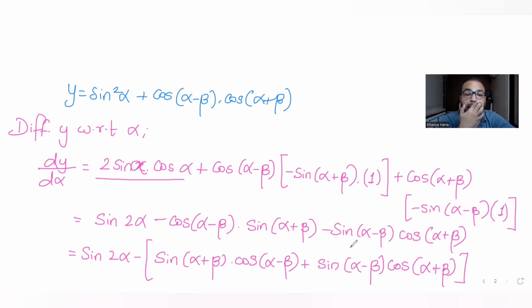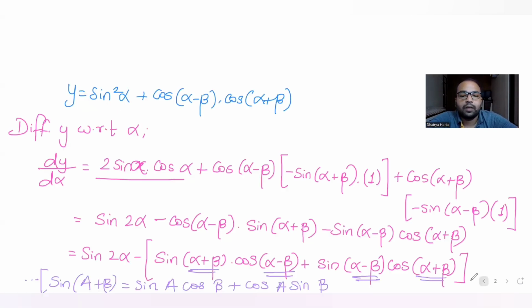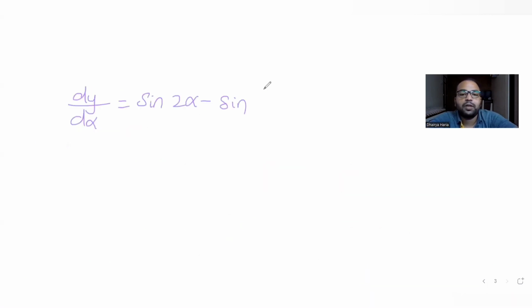Here, if you see the idea, we have sin A cos B plus cos A sin B. We already know that sin(A+B) is nothing but sin A cos B plus cos A sin B. So I can write dy/dα as sin 2α minus sin of (α+β) plus (α−β).